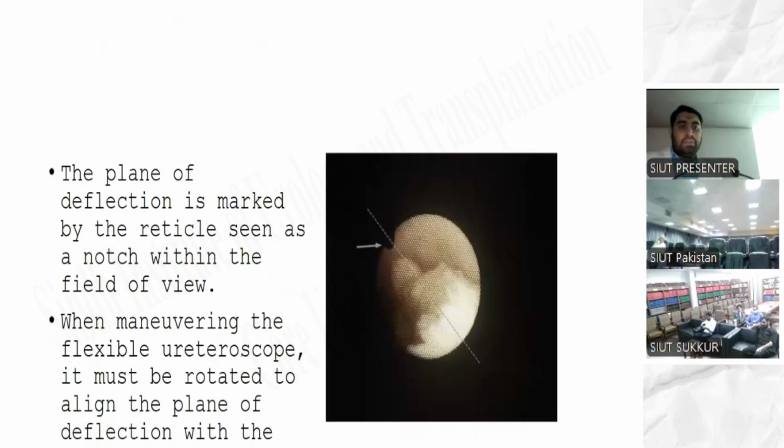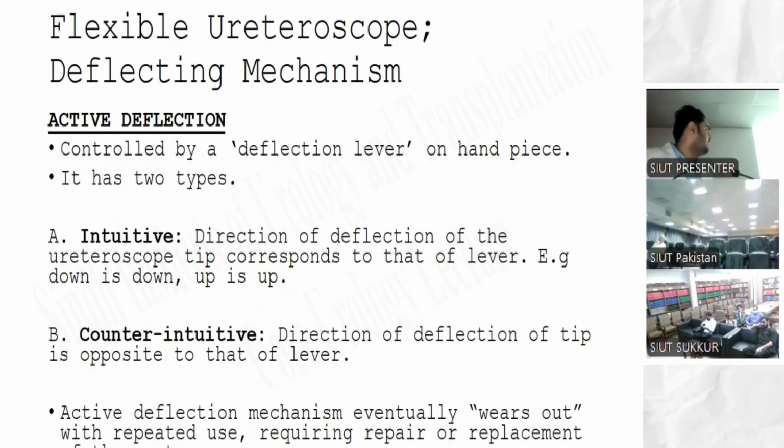Now, what is passive deflection? Passive deflection is when the distal tip deflects proximal to this point, meaning we are not utilizing the lever in that case.